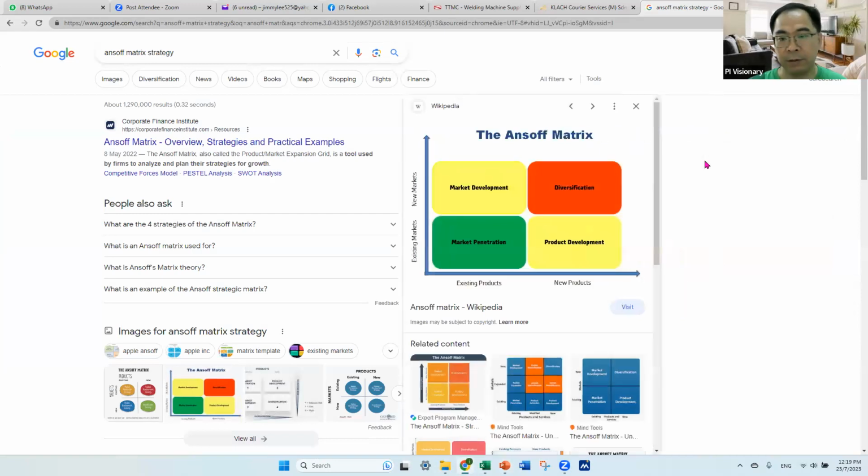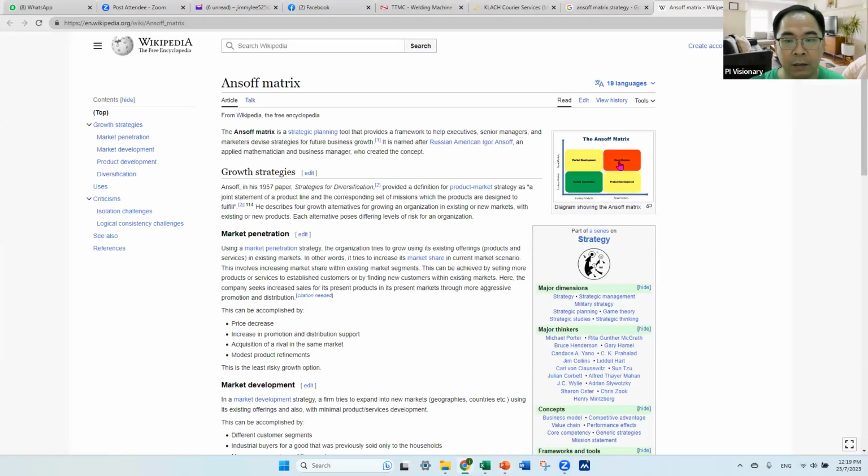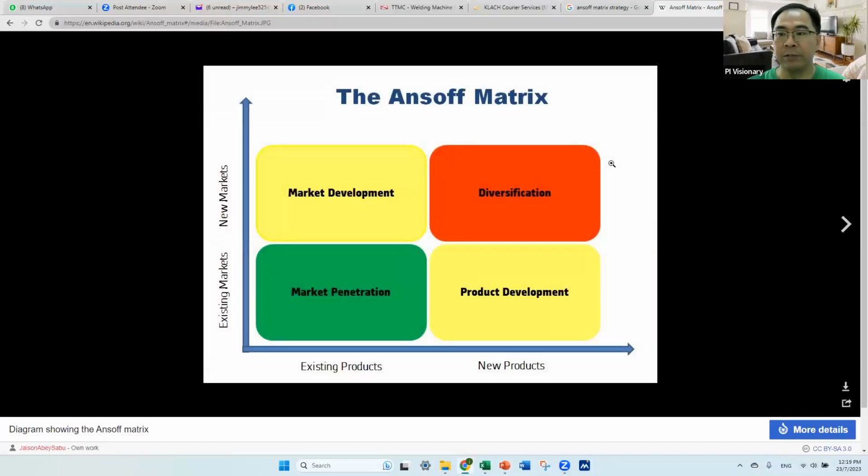And here, can you see? Many salesmen can use it to think about strategy, how to improve sales, especially for Kuan Yin, whether existing product or new product.